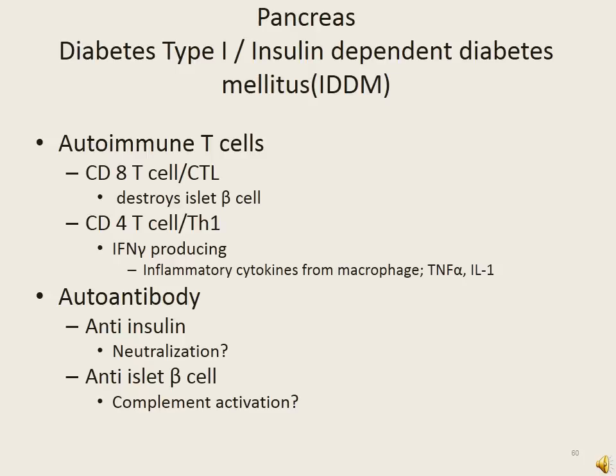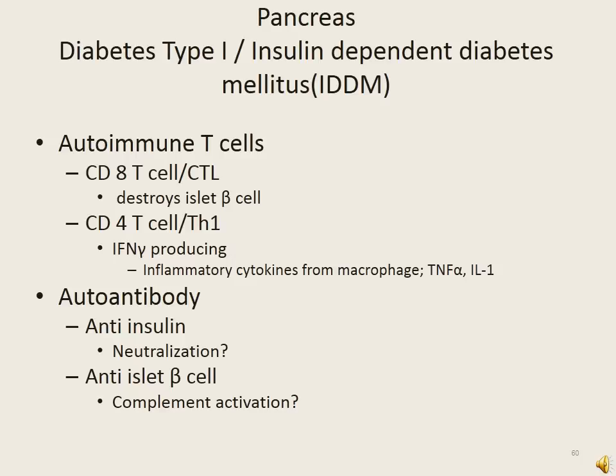Diabetes type 1, or IDDM, is an autoimmune disease because there is the presence of both cell-mediated immune response and humoral immune response against the cell component. That is, there is the presence of autoimmune T cells, both CD8 T cell and CD4 T cell, that will induce the destruction of the beta cell in the islet of Langerhans in the pancreas.